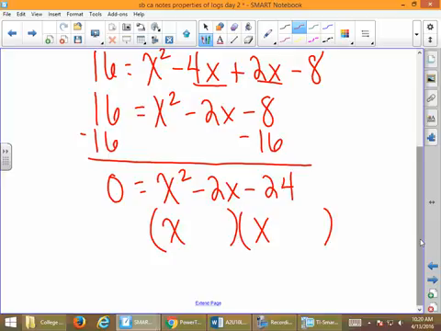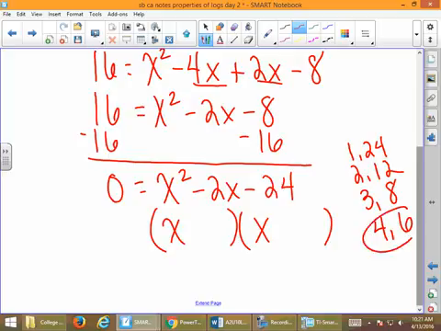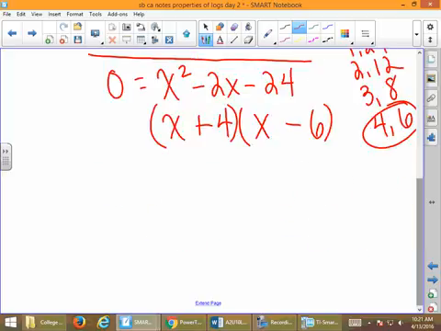And remember, factors of 24 are 1 times 24, 2 times 12, 3 times 8, and 4 times 6. And we want the values to combine to be 2, so that it has to either add or subtract to be 2. In fact, it needs to be a negative 2. So we've got our 4 and our 6. And it's going to be minus 6 plus 4.